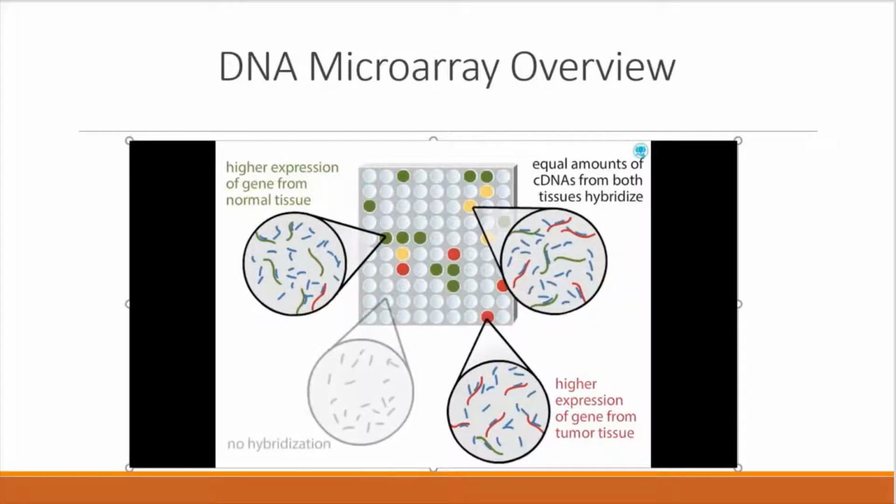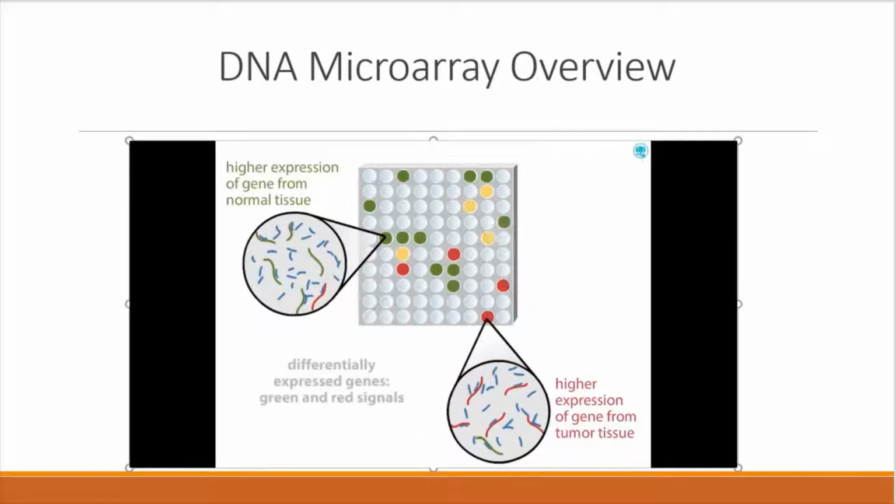If the gene is not expressed in either tissue, the spot will not fluoresce. Because each area of the microarray contains a known DNA sequence corresponding to a known gene, the identities of the hybridizing cDNAs can be determined. Using these data, investigators can establish which genes are expressed differently in the cancerous tissue, and thus may be able to design better treatment strategies.